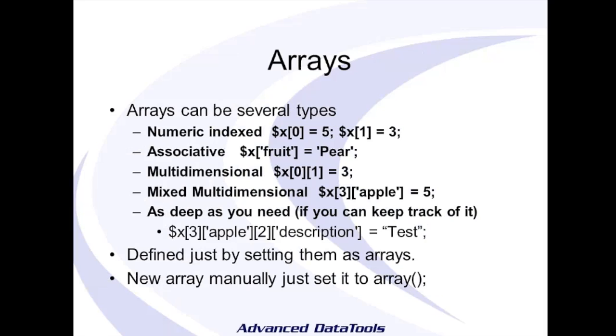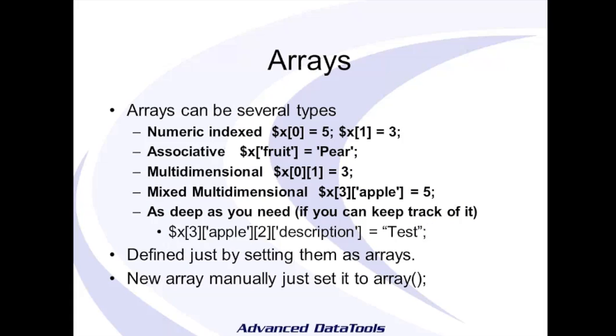The first one is your numeric index, so x1, x2, x3, x4, etc. The second one is associative, so x and then a string. Just note that the string value is case sensitive.